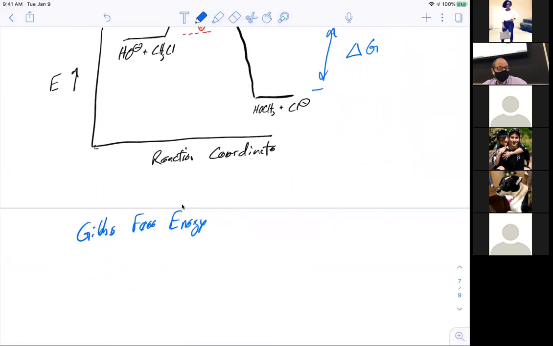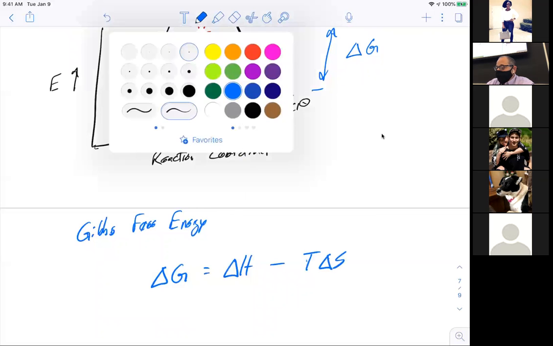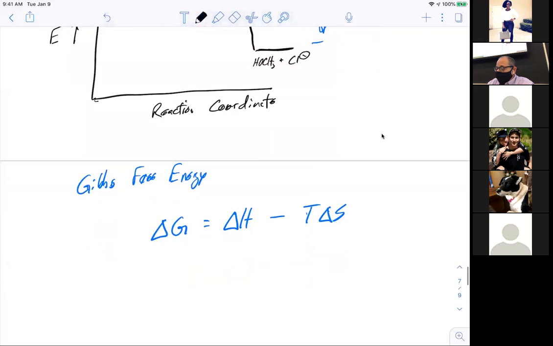And no, that's not an Australian boy band. But delta G is equal to delta H minus T delta S. So what's going into this is enthalpy and entropy.